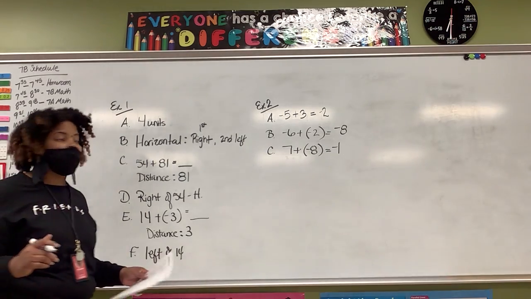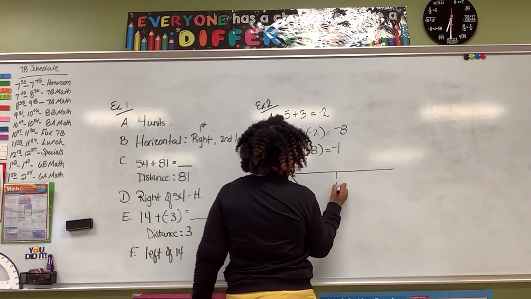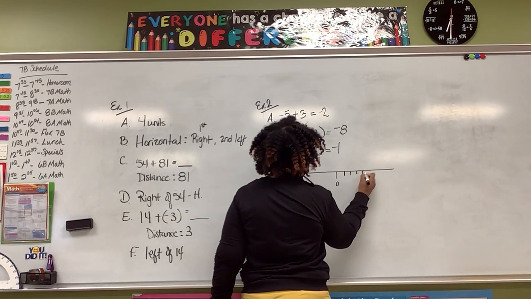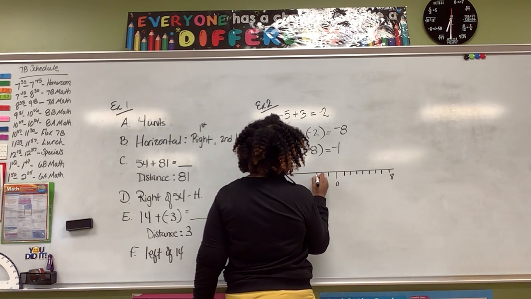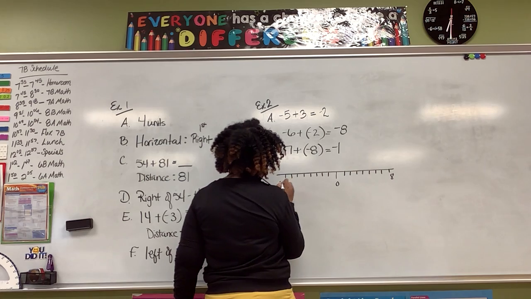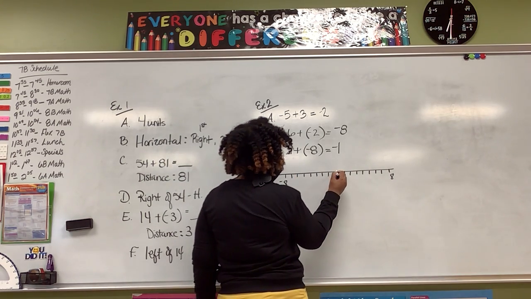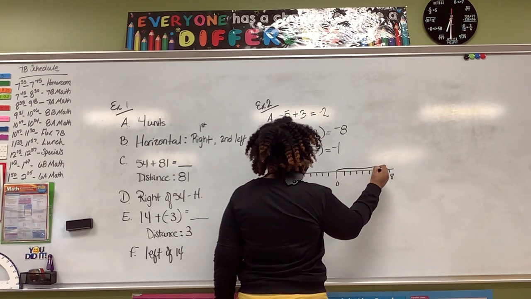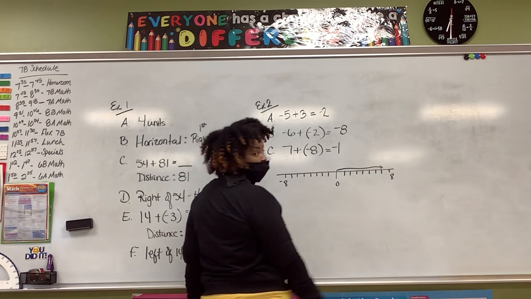All right, so if I drew a number line here, I start at 0, 1, 2, 3, 4, 5, 6, 7, 8. This is negative 8. I'm going to start at 0, and I'm going to go over till I get to 7, right there. That says 7, so that's positive 7.